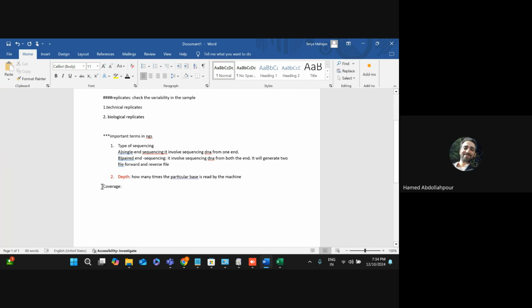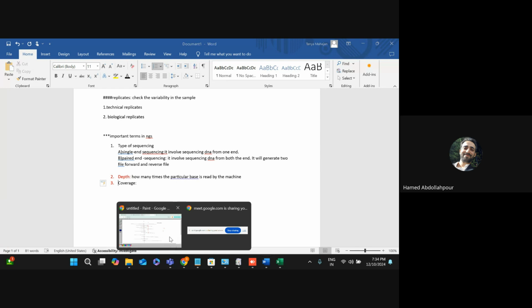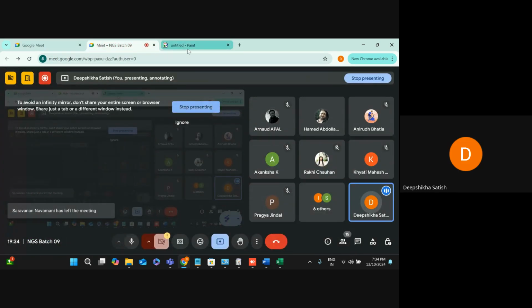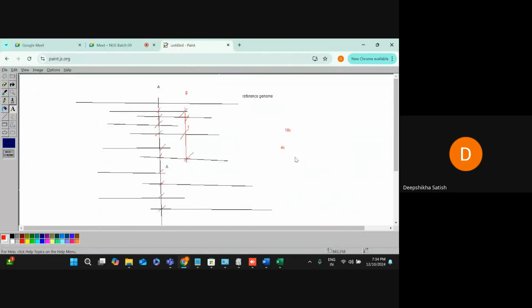Okay. And when one depth is 10x and other is 4x, what is the difference between them? I mean, is it related to the quality of our sequence? Yes, sir. Okay.